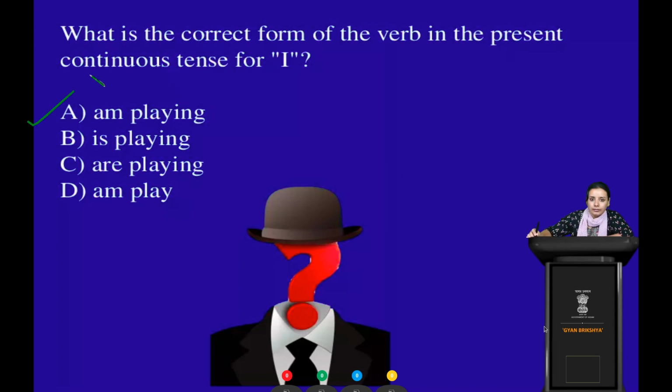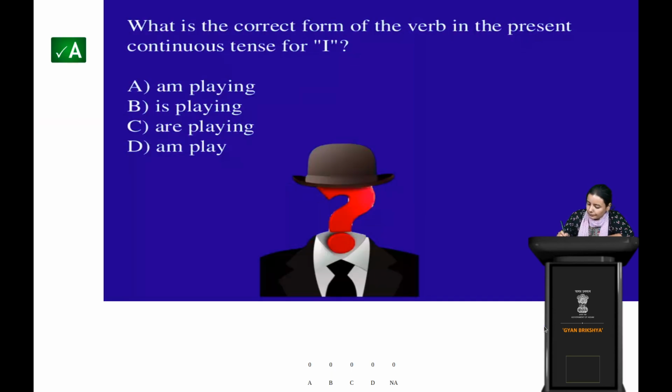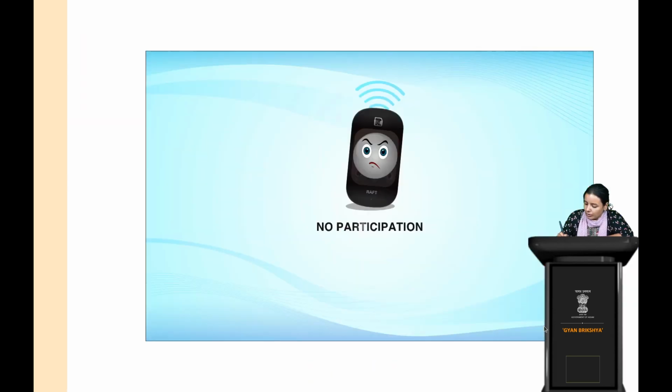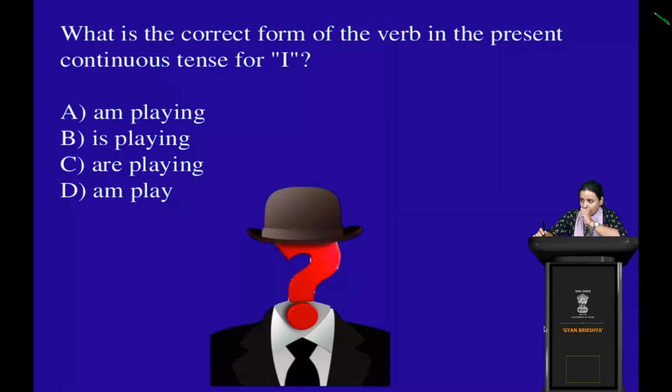I am playing, right? With I, we can use am, and then place the verb form, and then ing is added. So as simple, it's already forming a formula in present continuous tense. So it's so simple. So now let's move to our next topic.